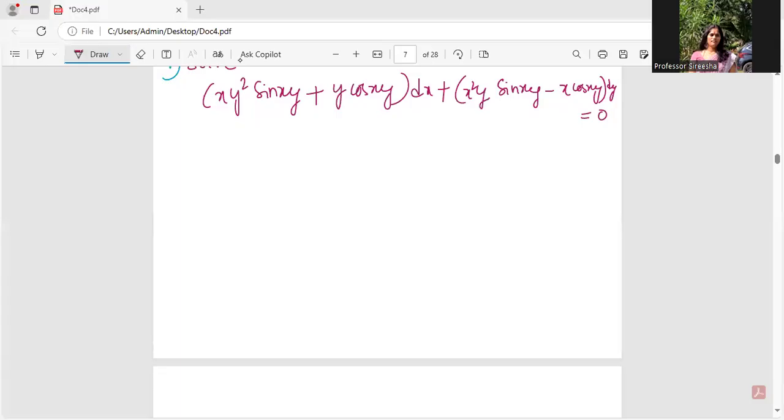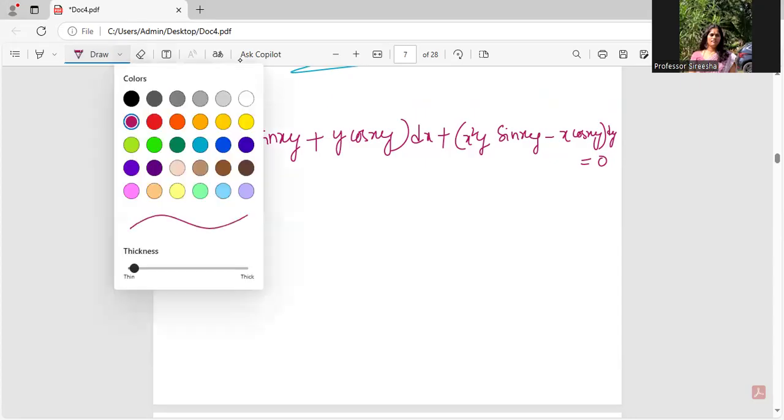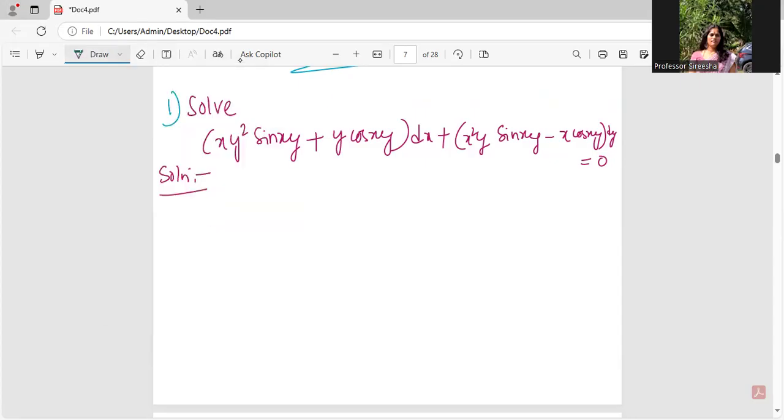Okay, let's see one more non-exact differential equation. Here it is not homogeneous. The function is not homogeneous, but clearly I can trace out here that it's of the form y into xy sin xy plus cos xy.